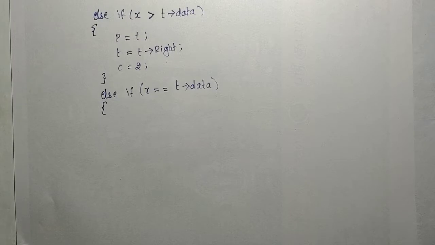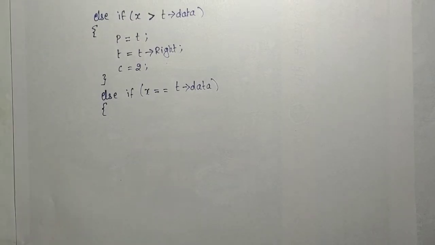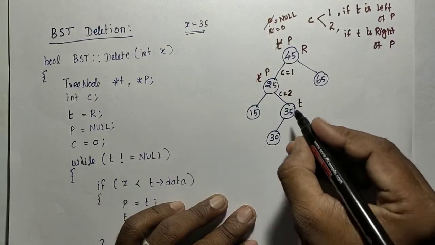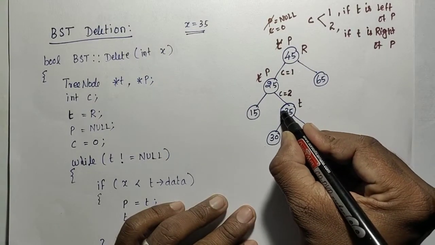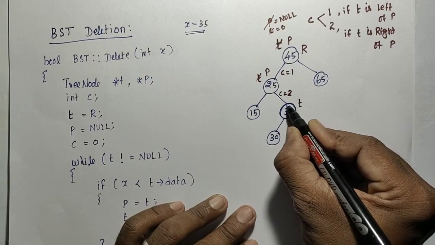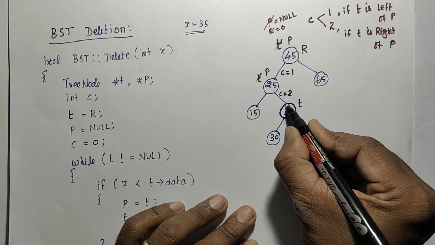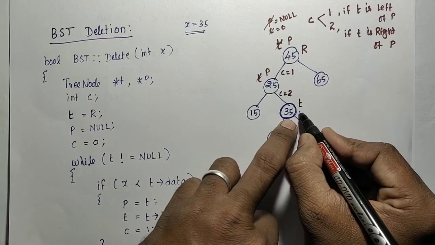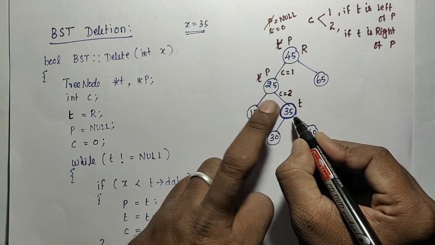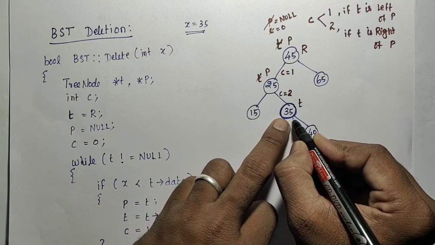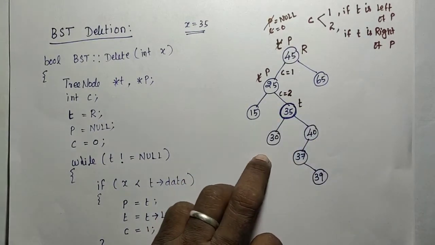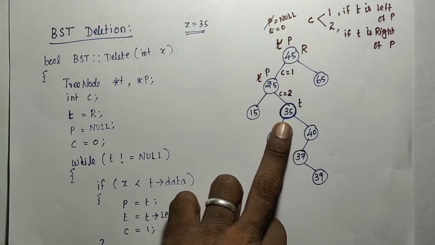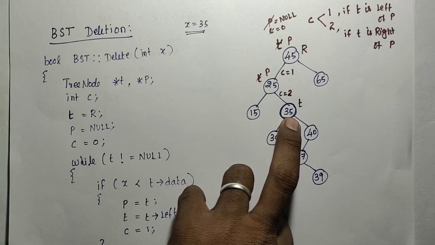Once you got that t, this is the node to be deleted. This is the code for searching, pointing out the t. Once we got the t, there are 3 different cases to delete the t.